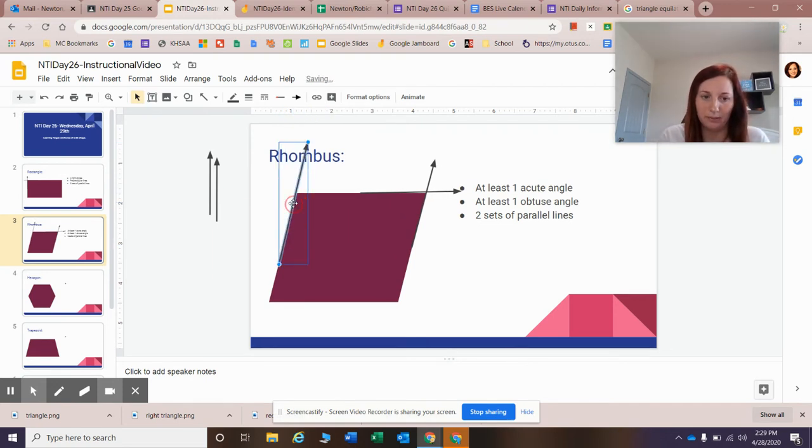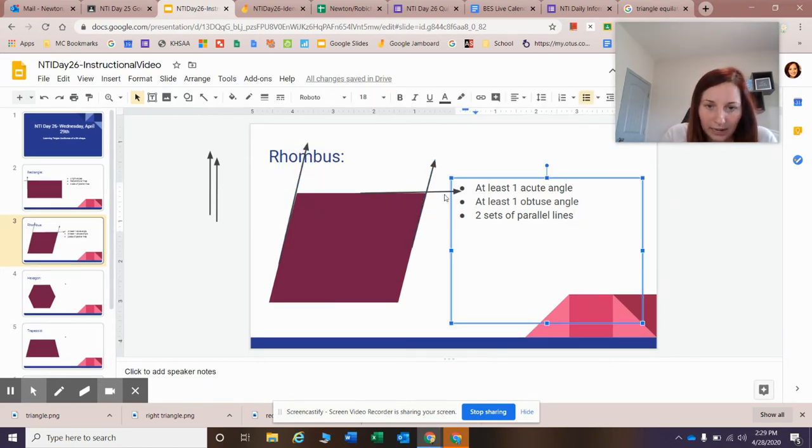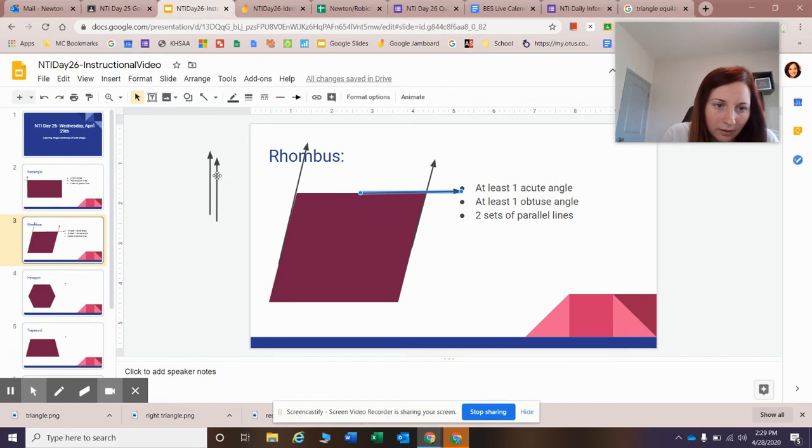Parallel lines never meet. So this line and this line would be your set of parallel lines, as well as this line and this line right here. They'll go on forever and ever, and their paths will never cross.